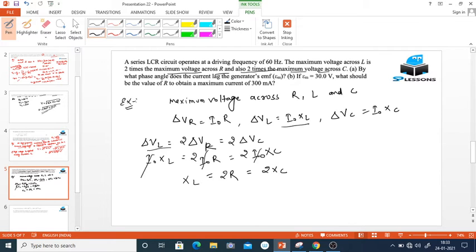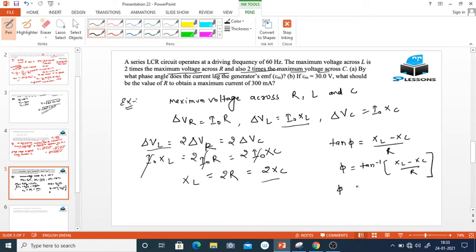Now for the phase angle, we know tan phi equals XL minus XC divided by R. So phi equals tan inverse of XL minus XC divided by R. We can write XL as 2 times XC, so 2 times XC minus XC equals XC.